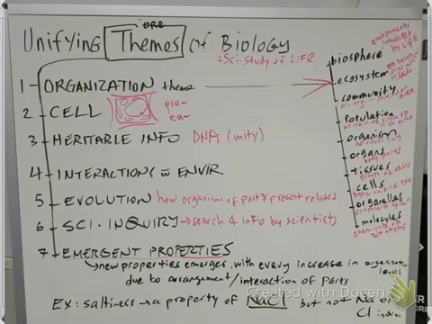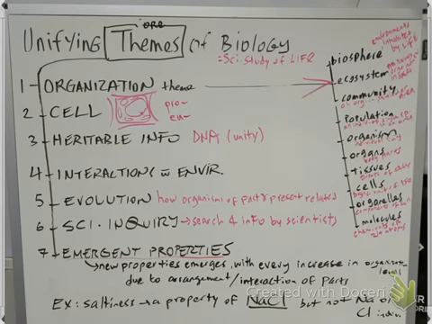All living organisms have to interact with the environment, and that's very important. Then we have evolution, which is how organisms of past and present are related and studies this relationship. And we have scientific inquiry, which is searching for information by scientists.